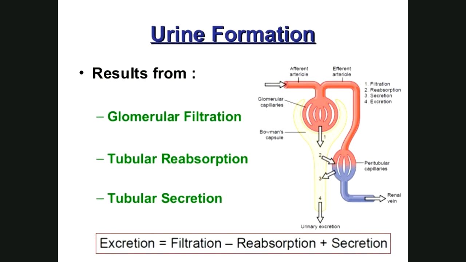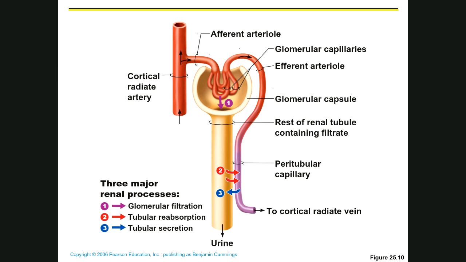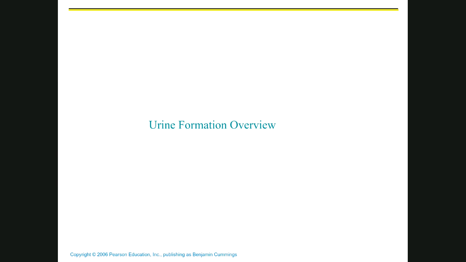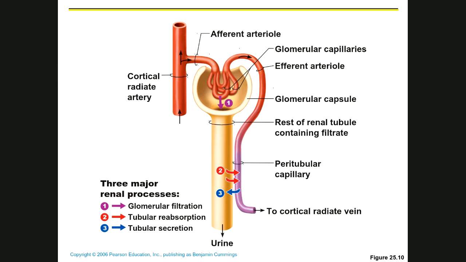So let's look at these 3 processes. And we're going to look at filtration first. Now this is a little movie, and you can watch it if you want to. You can't watch it on here though, but you can with the PowerPoint. So look, here are 3 processes. So again, filtration. Well, filtration happens right here.